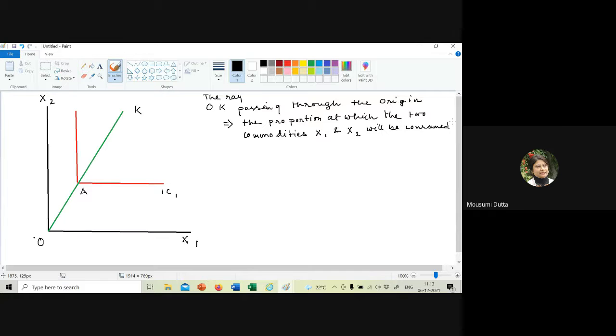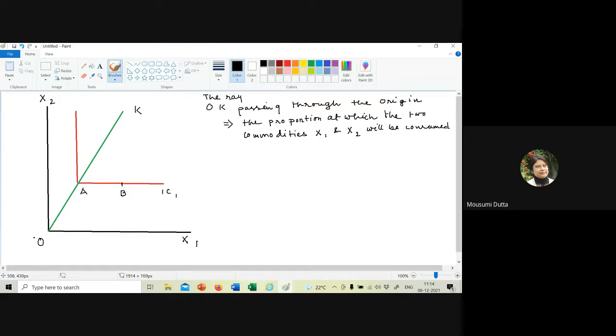Now suppose I am thinking about a point like B. At point B, I have the same amount of X2, however, more of X1.